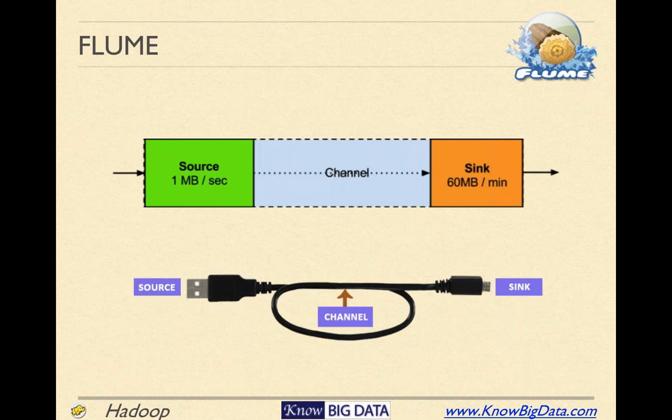If you have a power bank and want to charge it, you connect the sink to the power bank. If you want to charge something from the power bank, you connect the source to the power bank and the sink to the mobile, because you want to charge your mobile from the power bank.